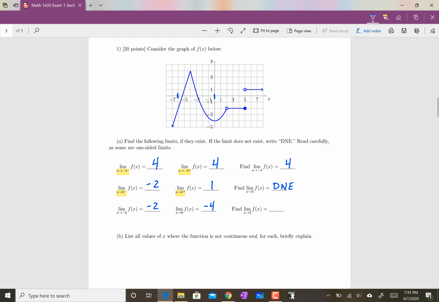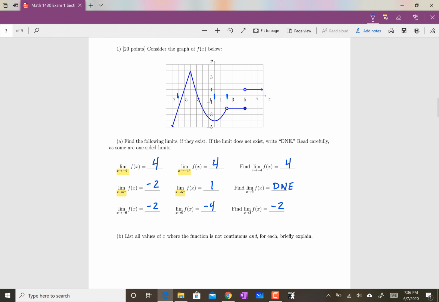And if x is going towards 2, here's x equals 2. We notice that when x is equal to 2, we have an open point on our graph, but that's okay. The limit doesn't care what the function value is. It only cares if you approach the same value from the left and the right. And in this case, we do. We approach the same value of y equals -2.